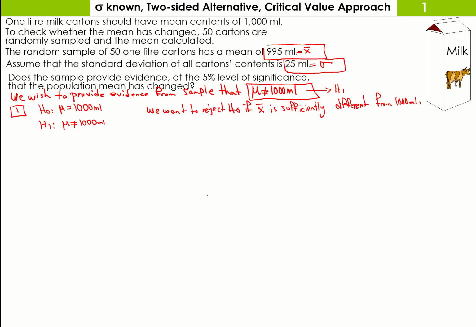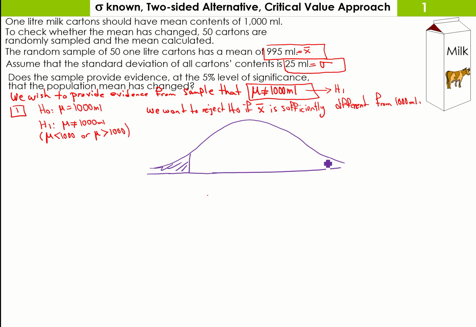It means that it is sufficiently smaller than 1000 or sufficiently larger than 1000. It means that if the sample mean is sufficiently small, is in this area, or sufficiently larger than 1000, we reject the null hypothesis.